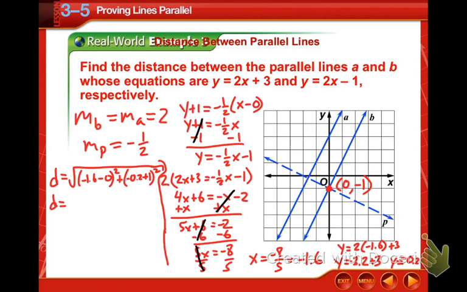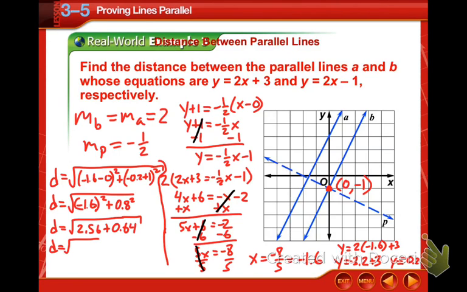So d is equal to the square root of negative 1.6 squared plus 0.8 squared. So that's going to be 2.56 plus 0.64. So d is equal to the square root of 3.2, or about 1.789.